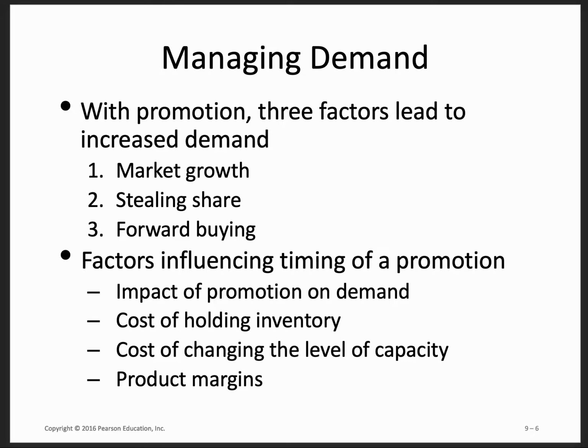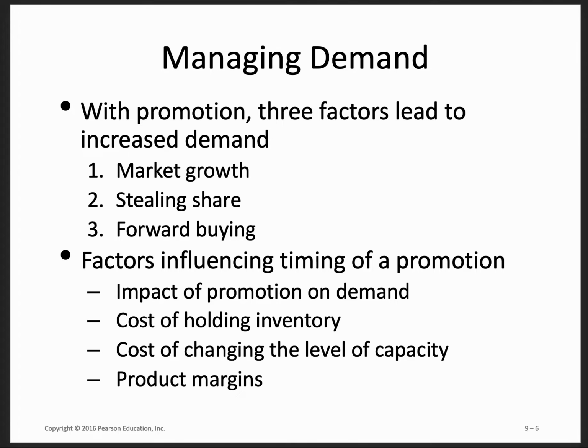Forward buying is where you were already going to buy a Toyota Camry, but then you realize that there is a sale, so you end up buying it right now rather than at some point in future. So forward buying is where companies eat some of their demand from future months and move it to the current month. So they cannibalize some of their own demand.